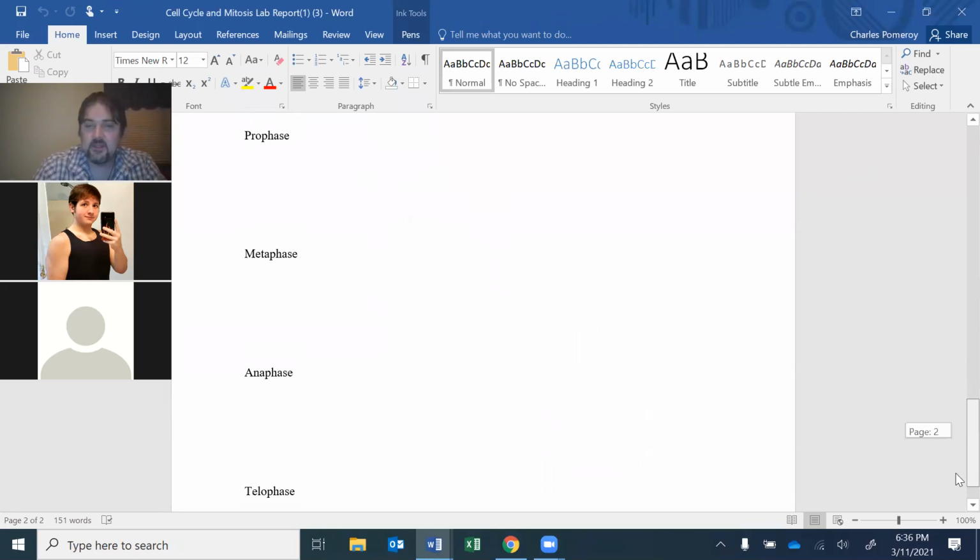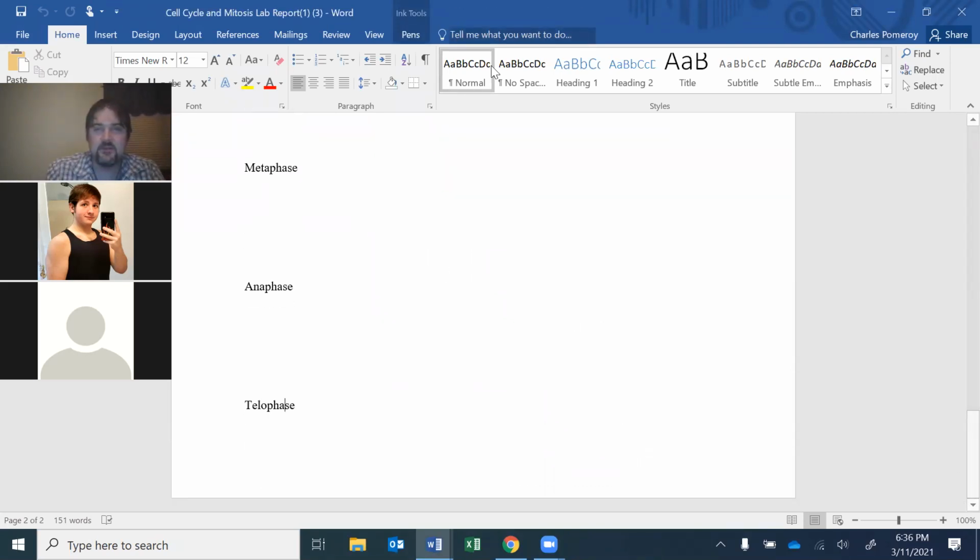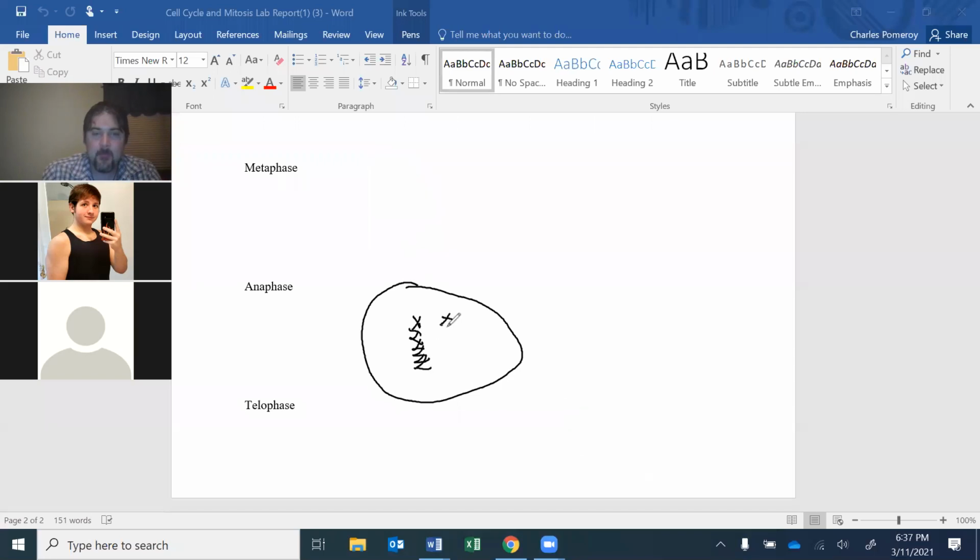Then for anaphase and telophase, for anaphase, I would have the cell with 2 lines of chromosomes, like that. And then have these spindle fibers over here. That was kind of crappy. Let me do that one a little bit differently. Have them kind of coming to a central point like that.